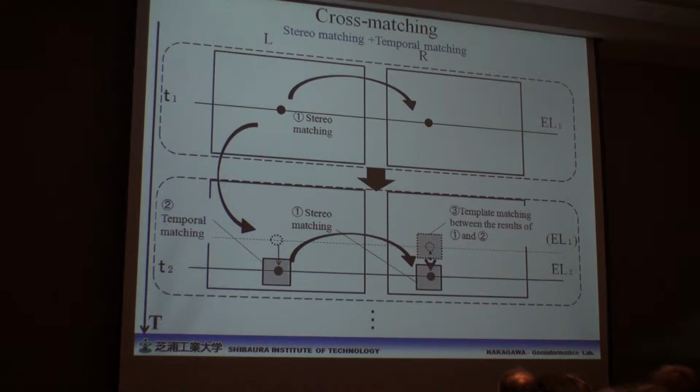First, stereo matching between right and left images in each scene, and temporal matching between each scene is done. And the next step is template matching between the results of the previous step, stereo matching and temporal matching.